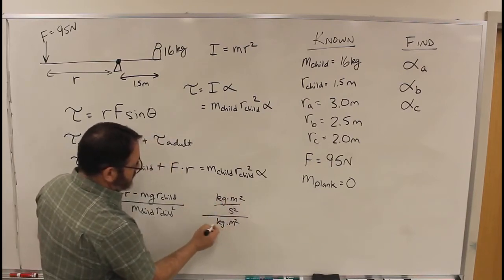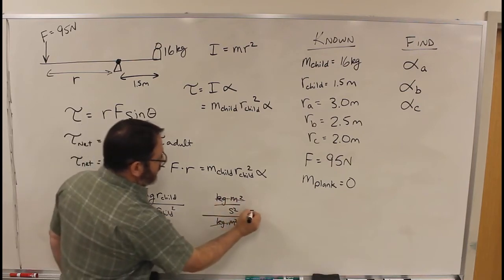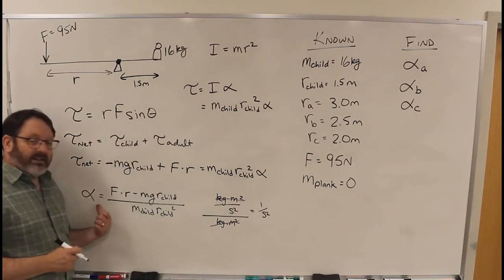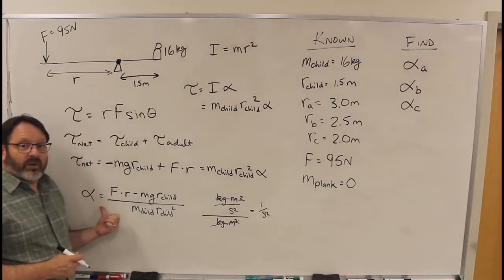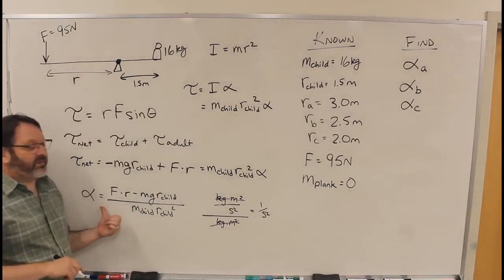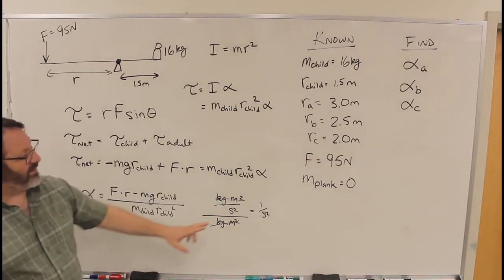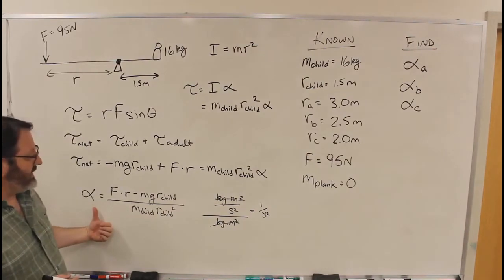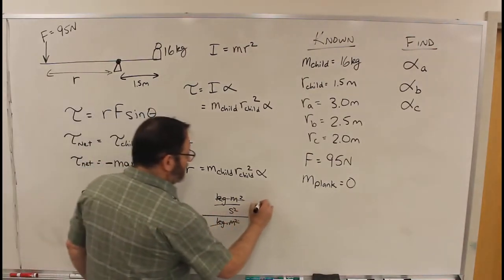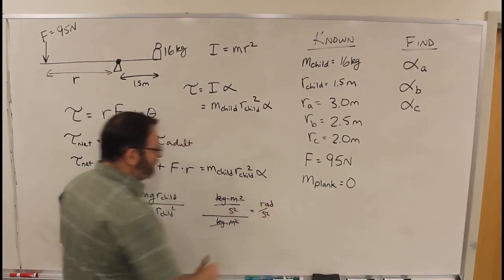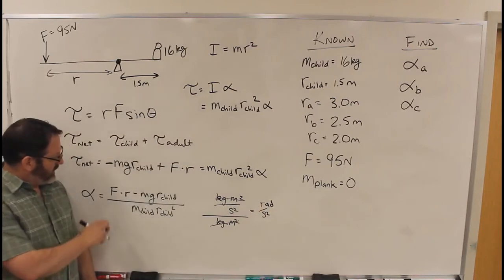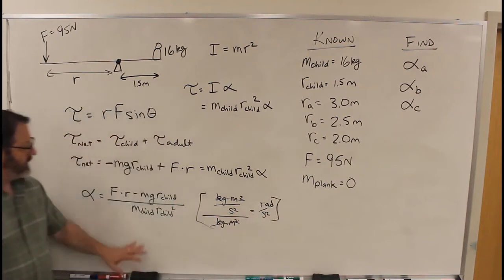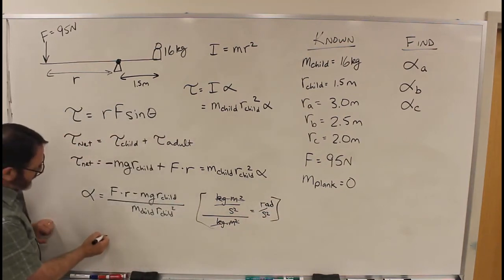Kilogram meters squareds are going to cancel. So this is going to be 1 over second squared. The units for angular acceleration are radians per second squared. And if you remember, radians appear and disappear in these. So this actually is the right unit. So this is going to be radians per second squared. All right. So it looks like we haven't made any mistakes.